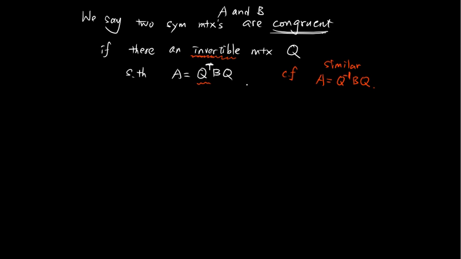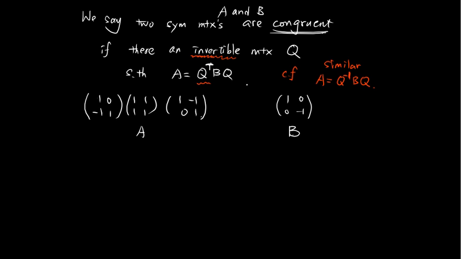So let's give it a try. For example, we can take A as 1, 1, 1, 1, and B as 1, 0, 0, minus 1. You multiply the matrix like this, and then do the transpose on the other side.